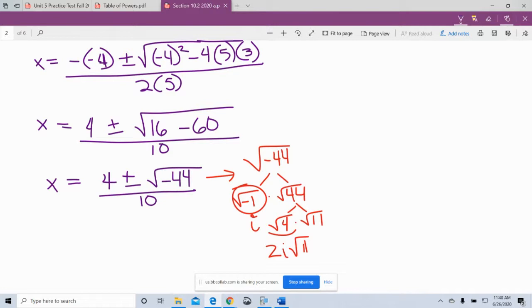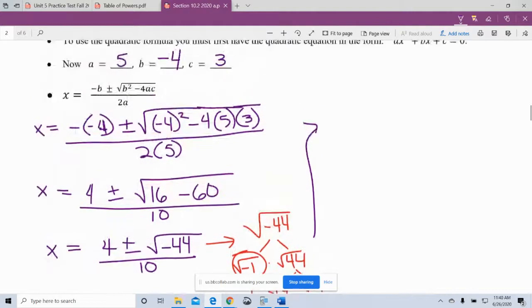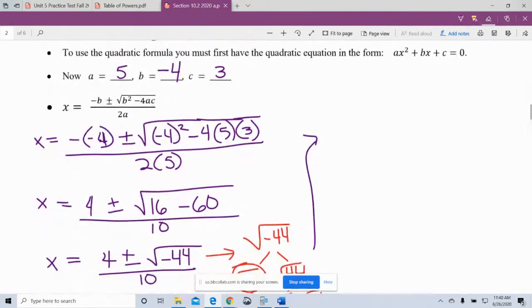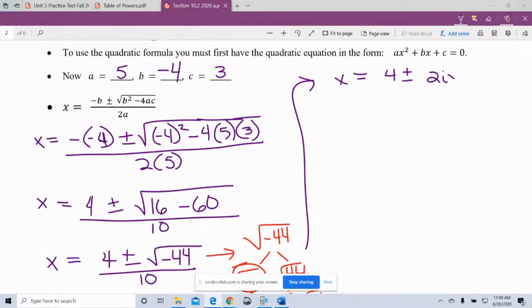So back to my problem here. I think I'm going to bring it up to the top already. There we go. That's what I was trying to do. So I will have x equals 4 plus or minus 2i times the square root of 11, all over 10.